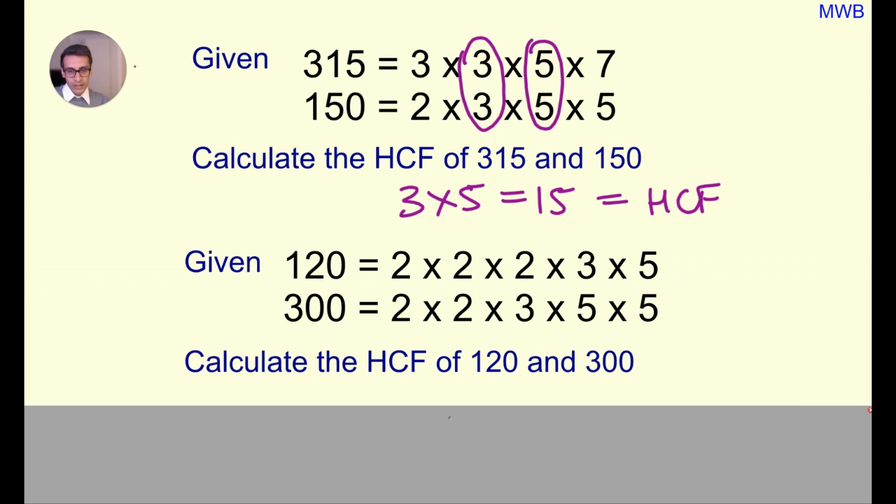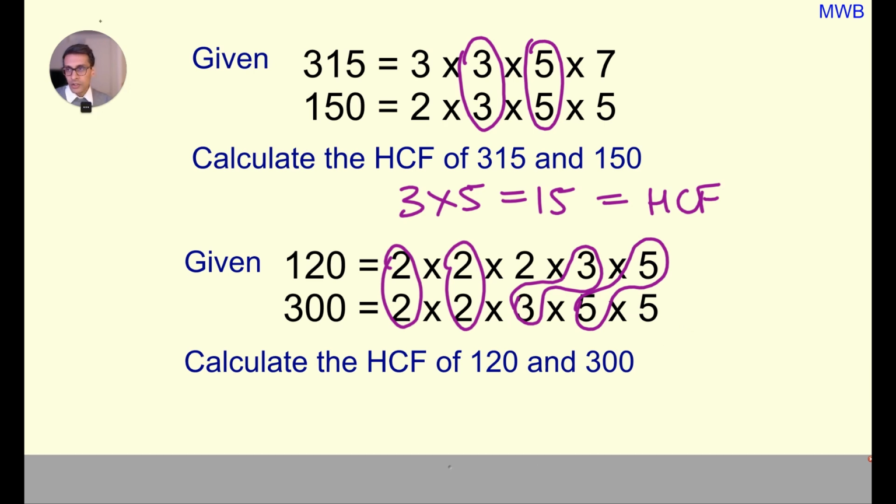So try again with this example here. What's the highest common factor of 120 and 300? Okay, so now I'm going to show you. You can see there's a 2 common, there's another 2 common, there's a 3 here, that's common to both, and also a 5.